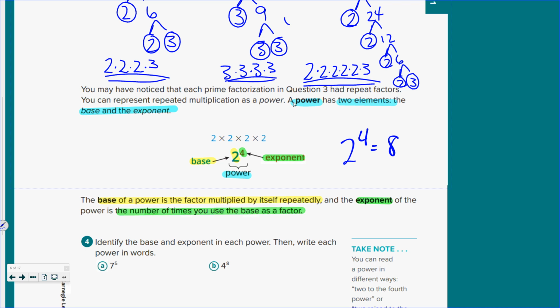Raise your hand if you agree. How many agree that 2 to the 4th equals 8? Raise your hand. Okay, hands down. How many say 2 to the 4th is not equal to 8? Uh-oh. Ruby, what do you think it equals? 2 times 2 is 4, 4 times 2 is 8, 8 times 2 is 16.